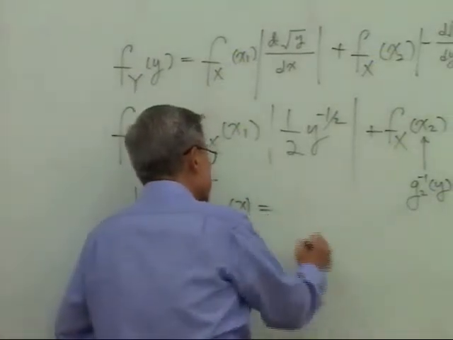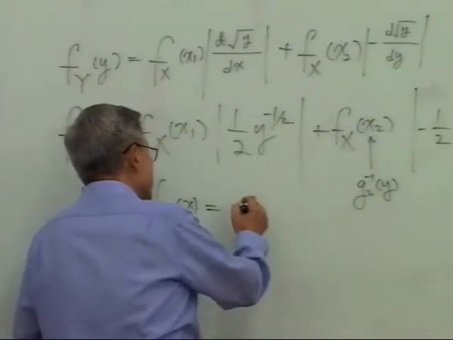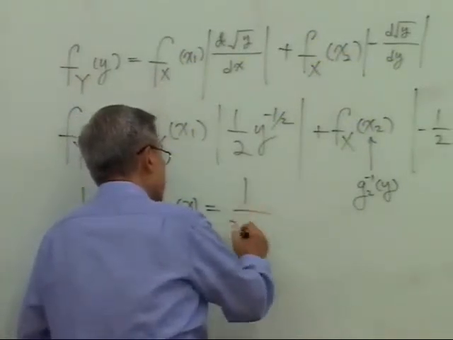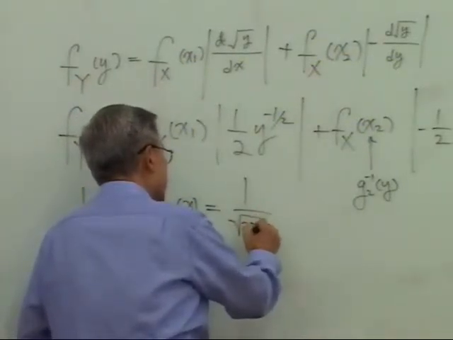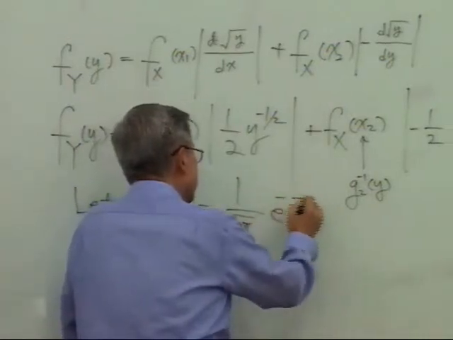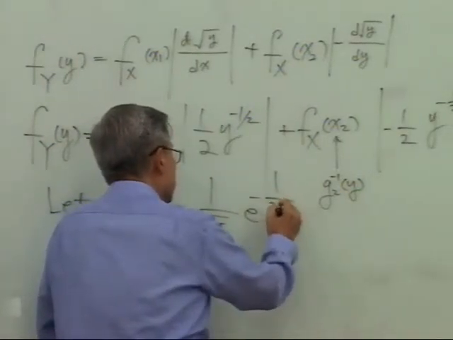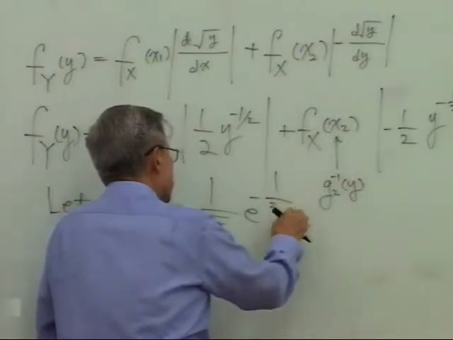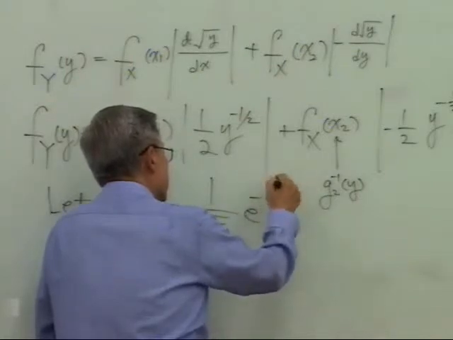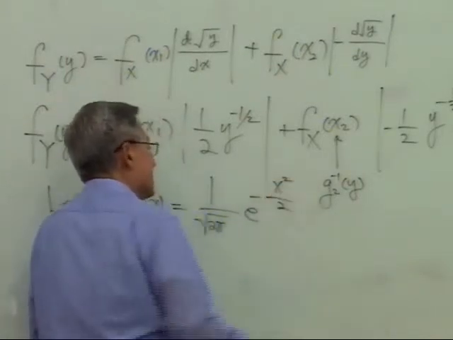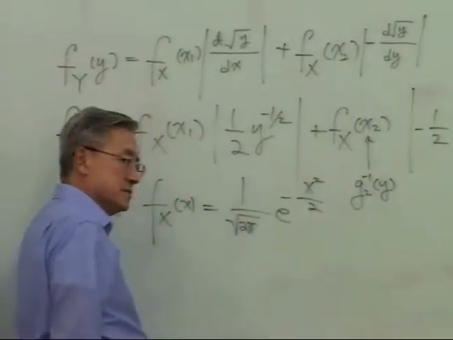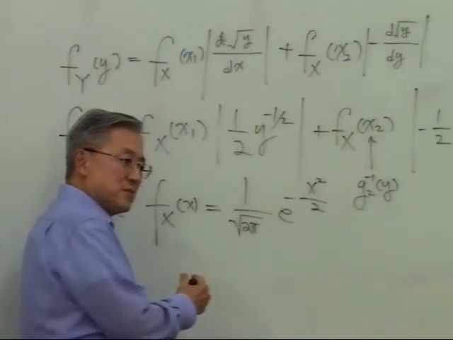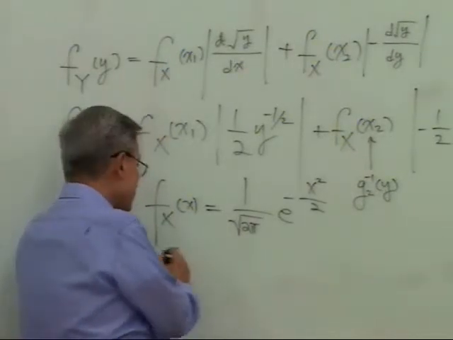So if I let f_X(x) be equal to 1 over root 2 pi e to the minus x squared over 2. Have you seen this before?